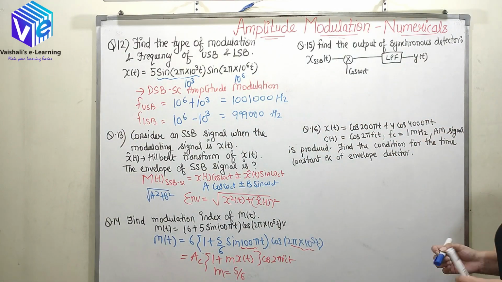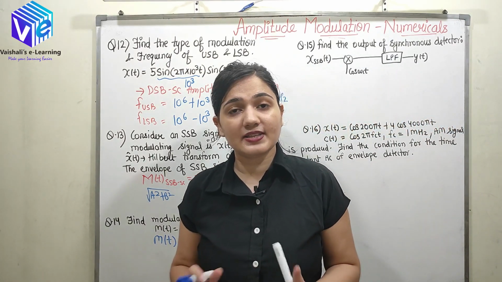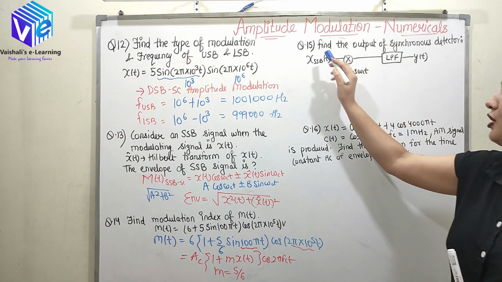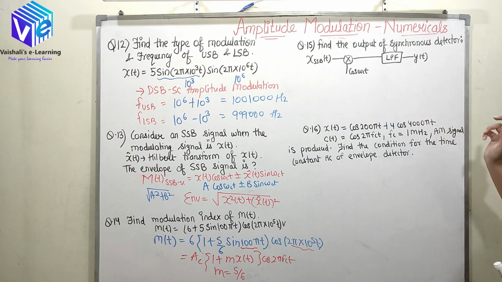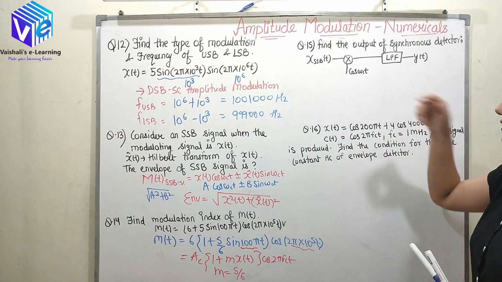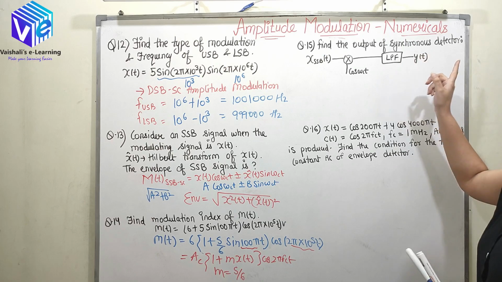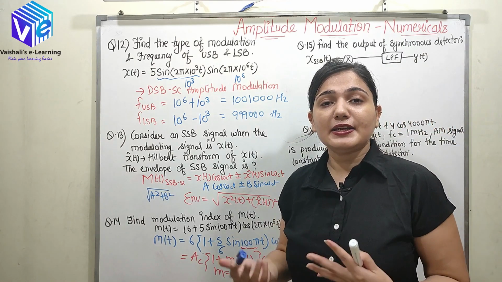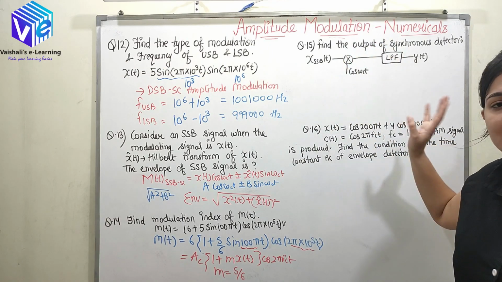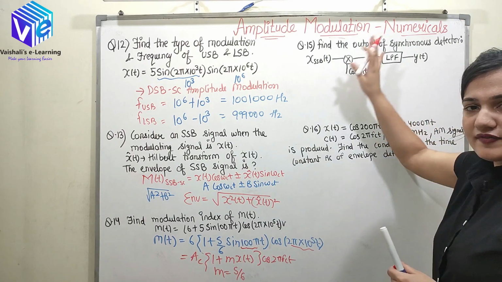Now coming to the next question. When I was discussing single sideband suppressed carrier detection, I already discussed it in the theory part. The question states: find the output of the synchronous detector. X SSB(t) is multiplied with cos ωct, passed through the low pass filter, and I'll get y(t). I need to find the output y(t). I have already discussed the synchronous detector in the case of SSB-SC, so this is just the diagram of the synchronous detector.